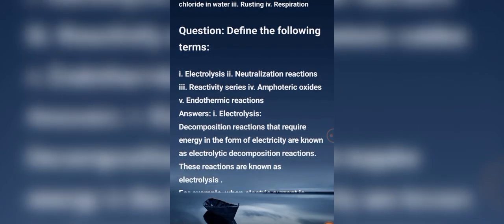Next term, define the following terms. At first, electrolysis. Decomposition reactions that require energy in the form of electricity are known as electrical decomposition reactions. These reactions are known as electrolysis.